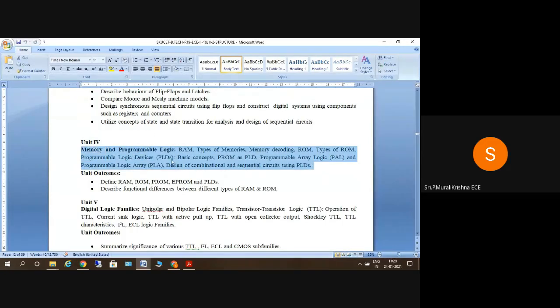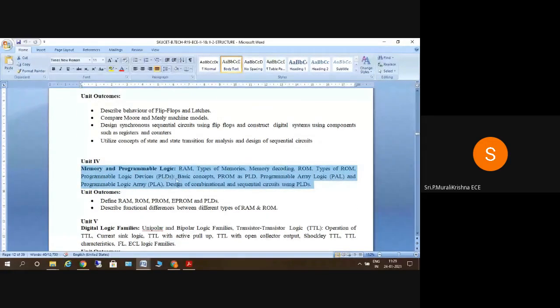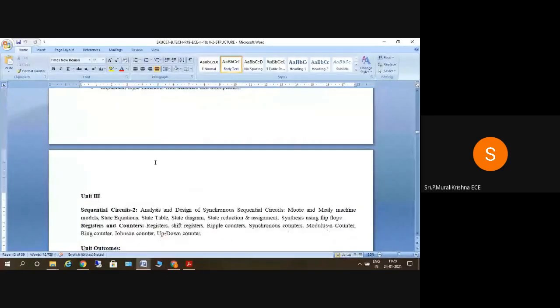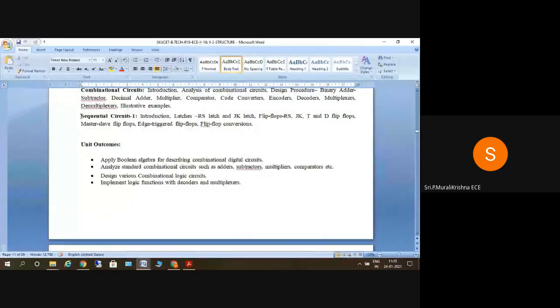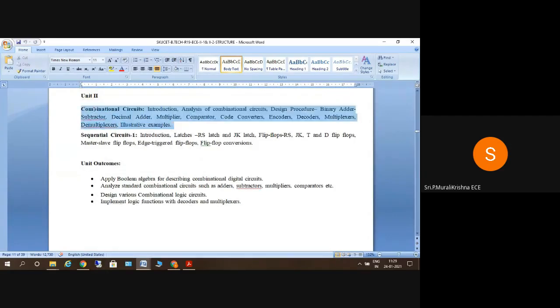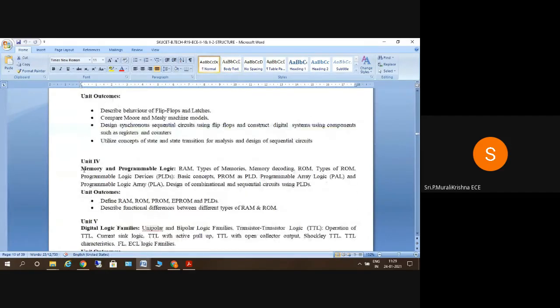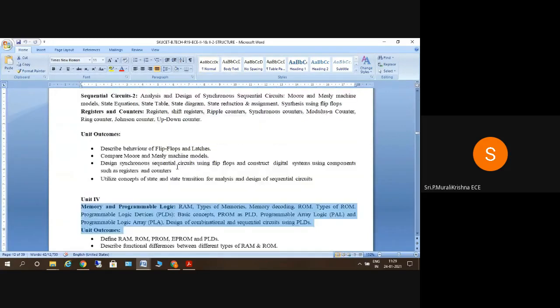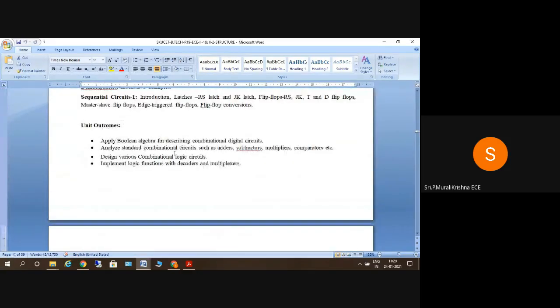We'll see the concept of PALs and memory, and then we'll start the sequential circuits. Sequential circuits is a very large topic, so I need continuity for that.